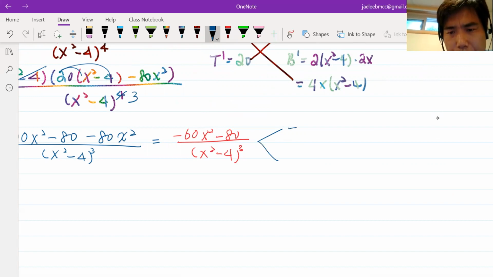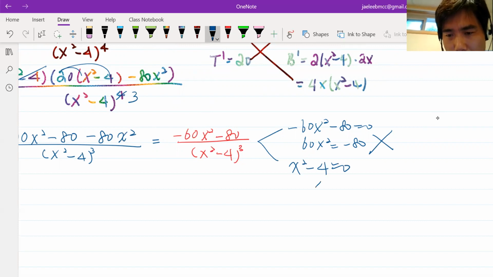So negative 60x squared minus 80 equals 0, then 60x squared equals negative 80, not possible. Now x squared minus 4 equals 0. So far here, x equals 2 and negative 2.